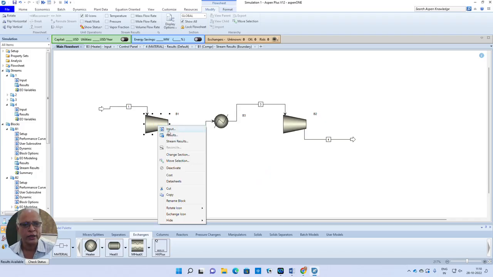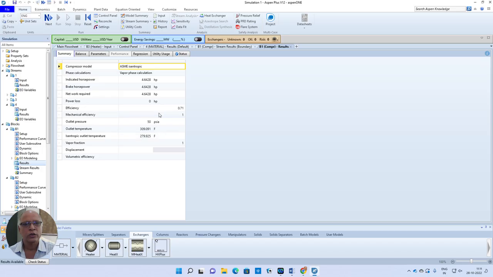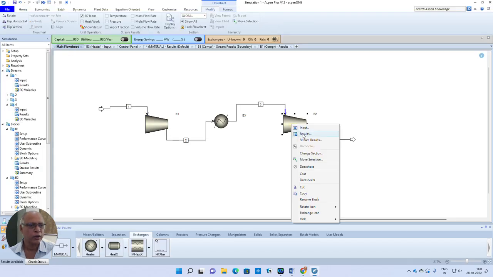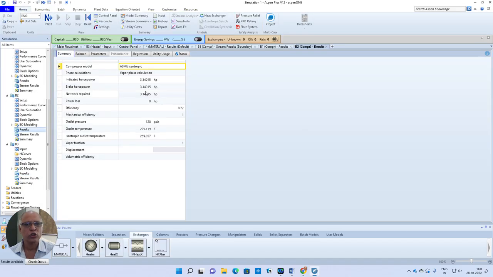Anyway, let us have a look at the work requirements in both the compressors. This is 4.6428 HP. If you want, you can change the units and observe. Similarly, the second one requires about 3.14, so 4.6 and 3.14, roughly about 7.7 or so. But is this the minimum work?